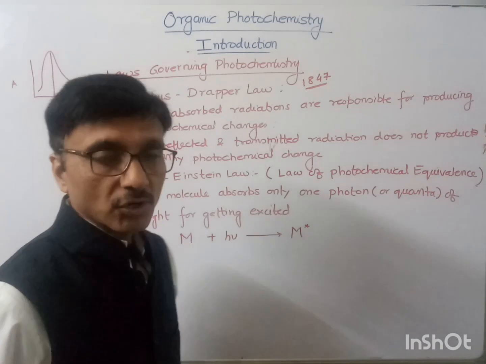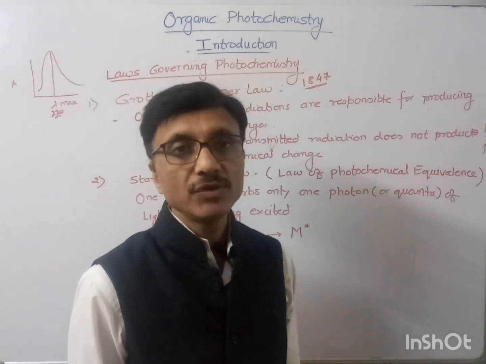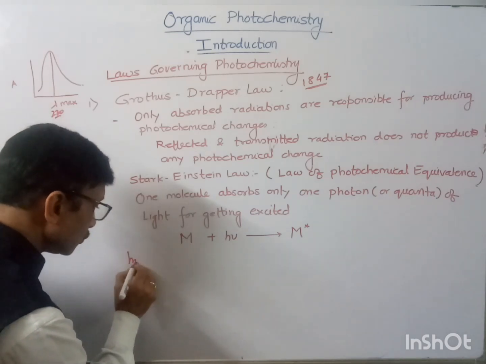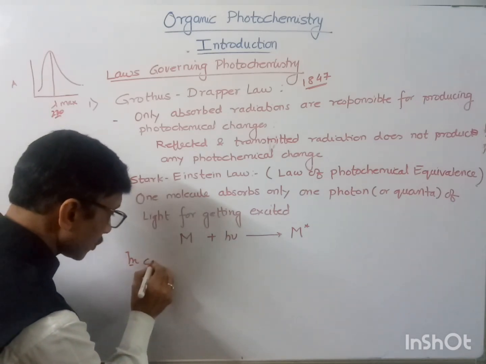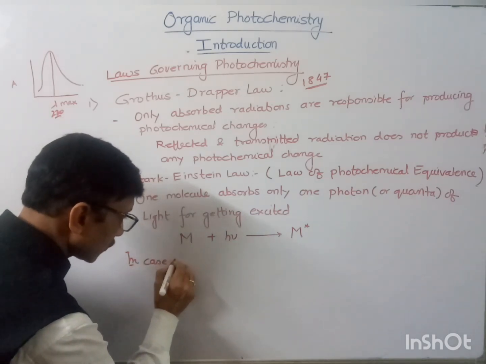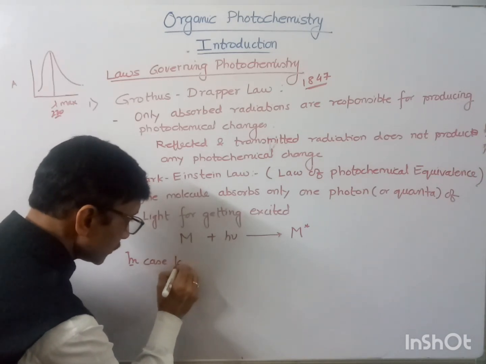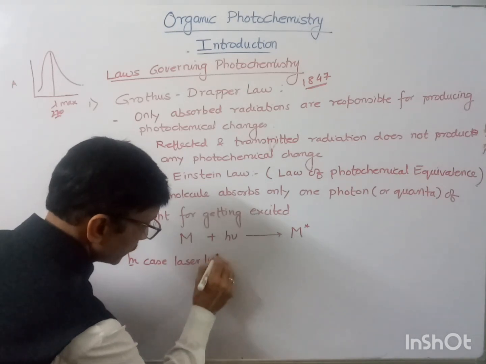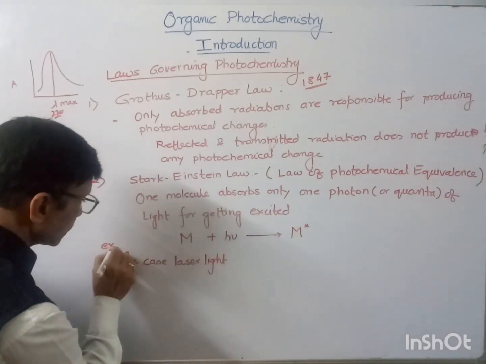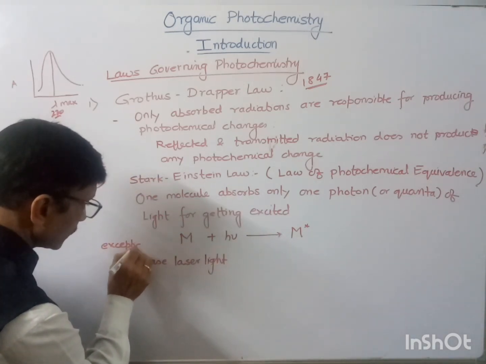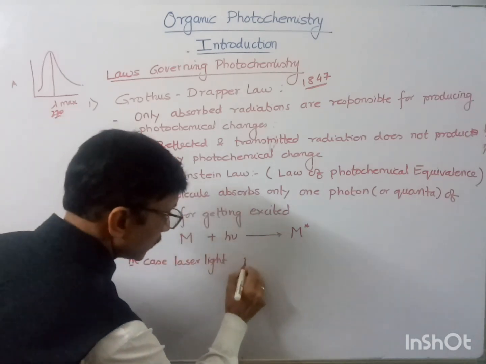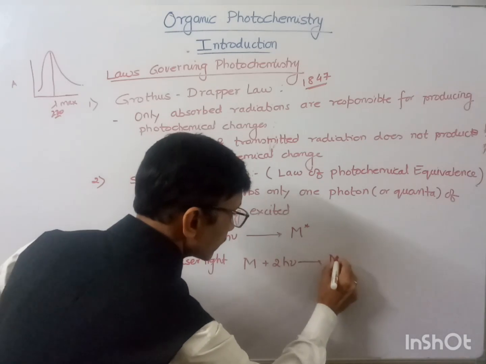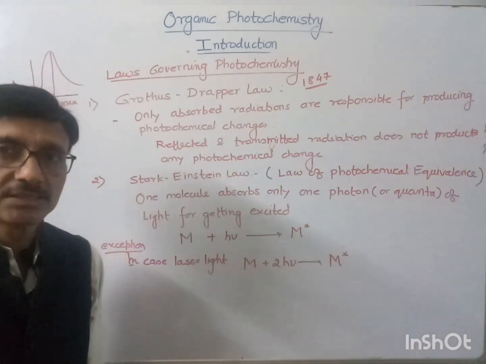But one exception here: if we use a laser light, one molecule can also absorb two quanta of light. So this is the exception, where one molecule can also absorb two photons of light for getting excited.